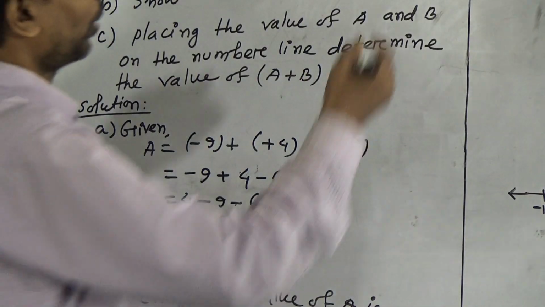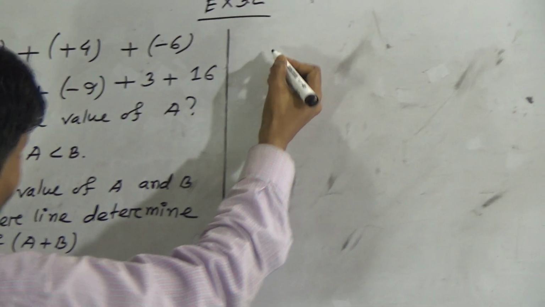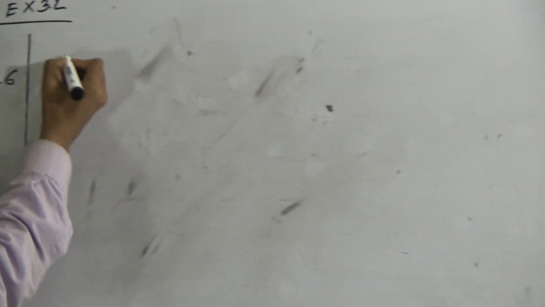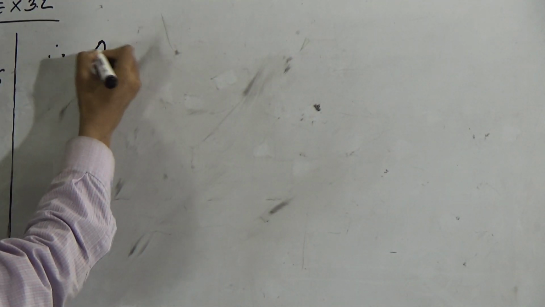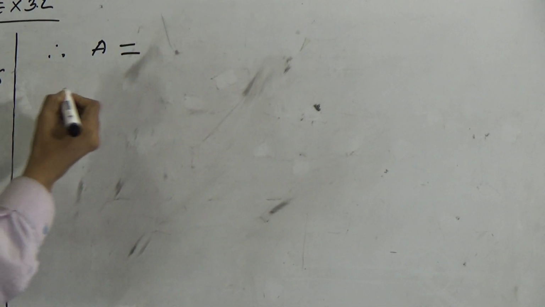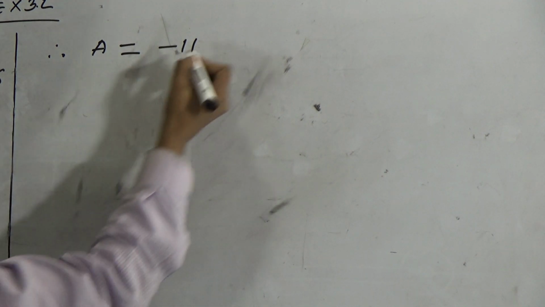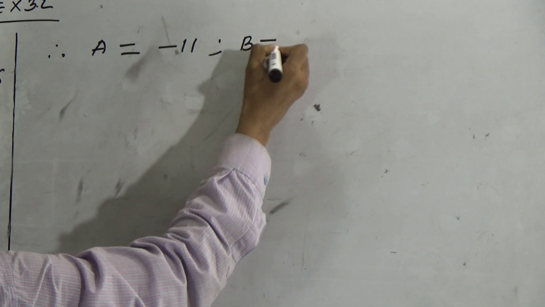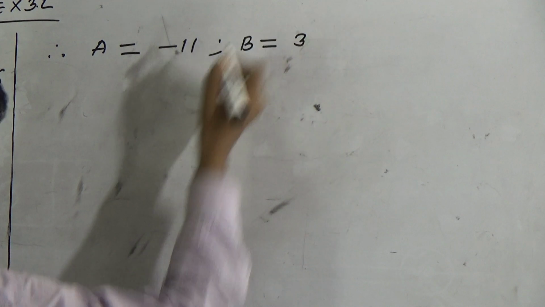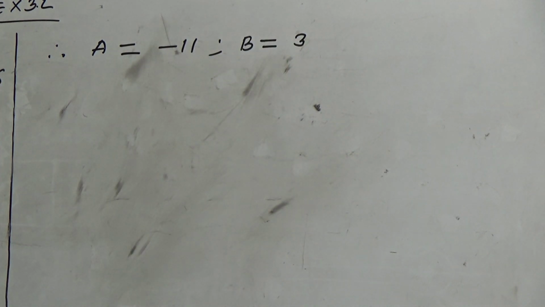Okay. Now write. What have we got? We can write A equal to -11 and B equal to 3.